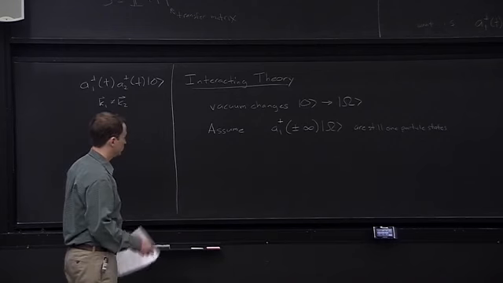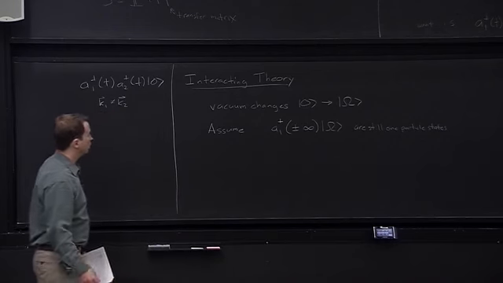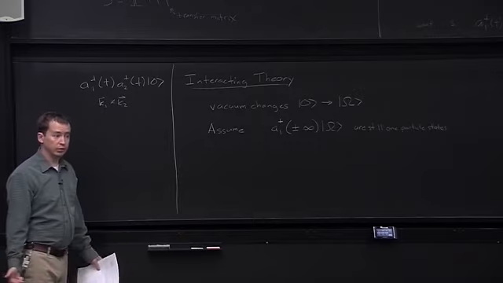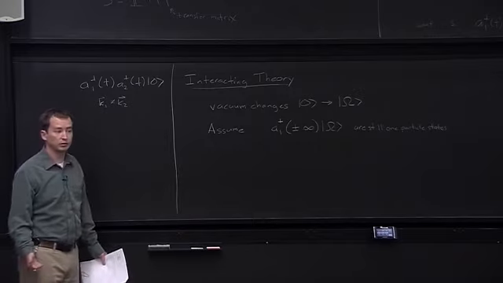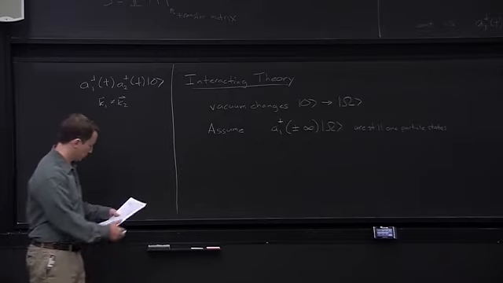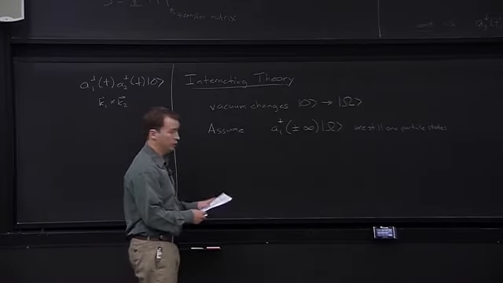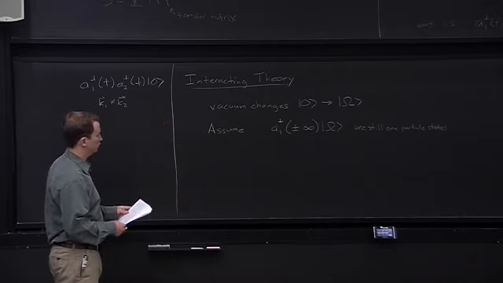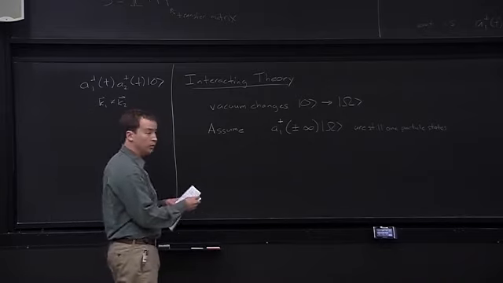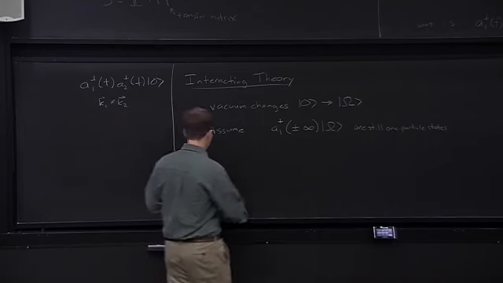OK. So with this assumption, we can write down some initial and final states for scattering. The simplest case of scattering is 2-to-2 scattering. So for the most part, I'll restrict to that, although our results in the end won't depend too much on the number of initial or final particles.